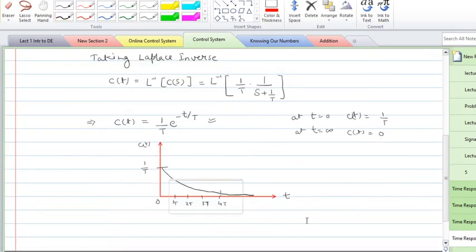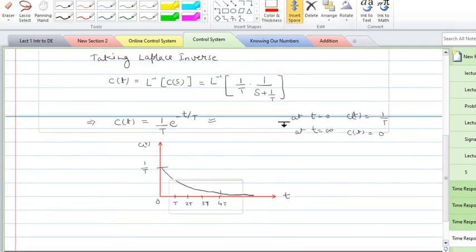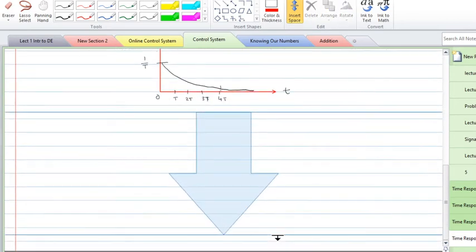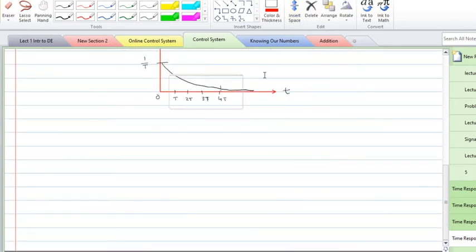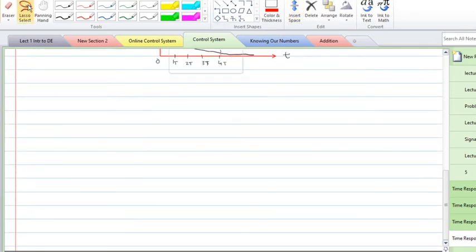Now if we look at different responses of a first order system, then we find that these are the inputs which we have studied.